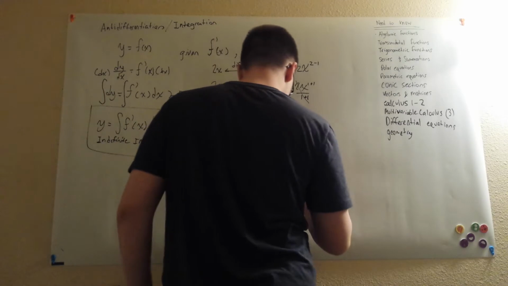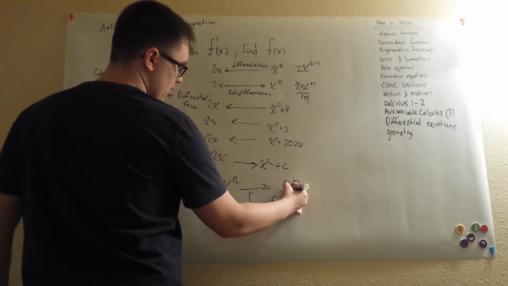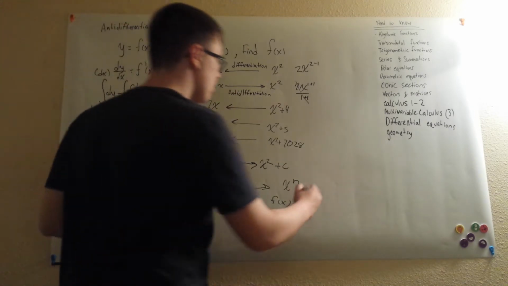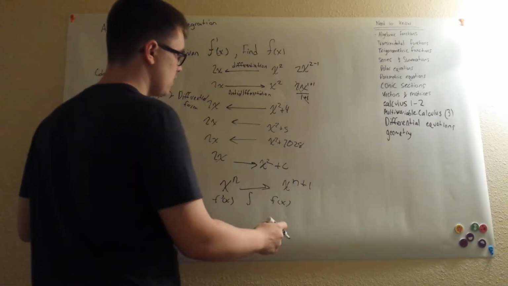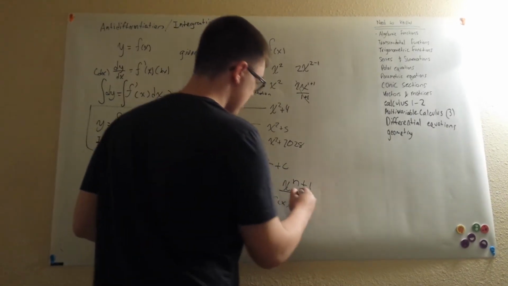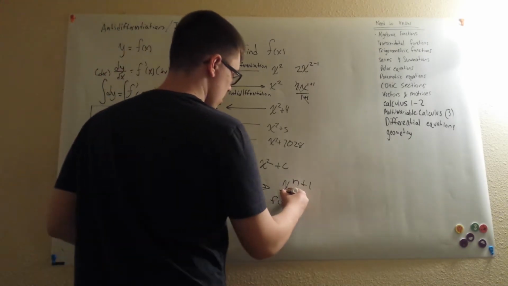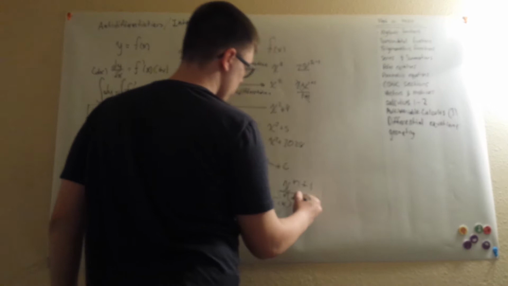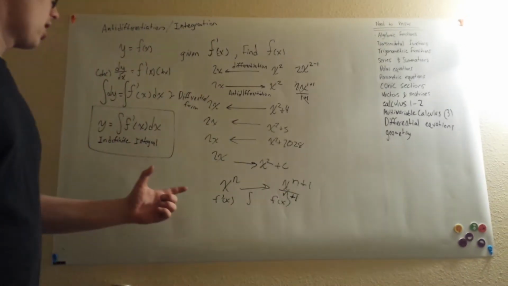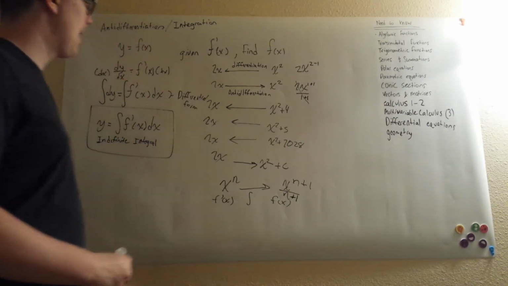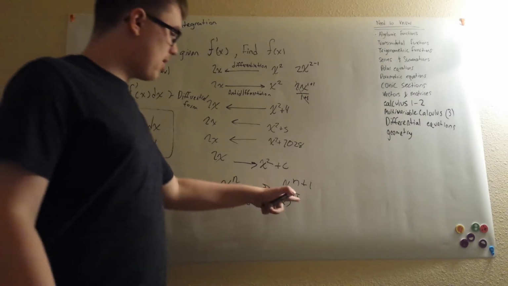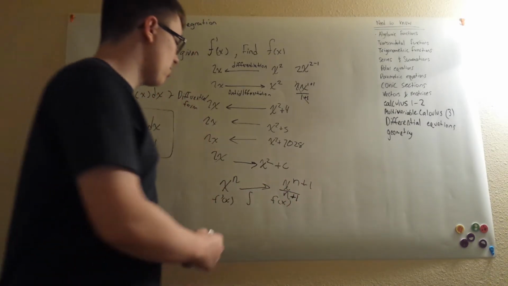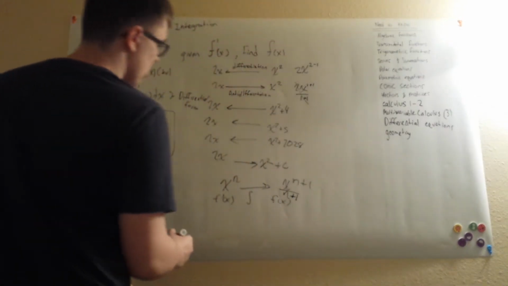Well, we took x to the nth, and we added 1 to the exponent, and notice that we divided by the new exponent plus 1.